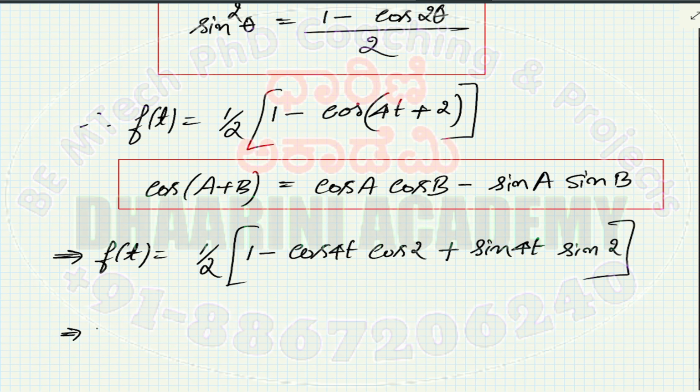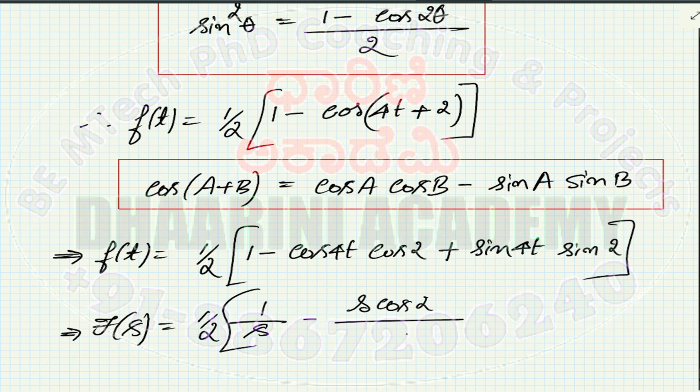So we can directly write, therefore the Laplace F of s is equal to half of 1 by s minus, so this is simply a cos term, but there is a cos 2 over there, so this is s into cos 2 whole divided by s square plus 4 square, which is 16.